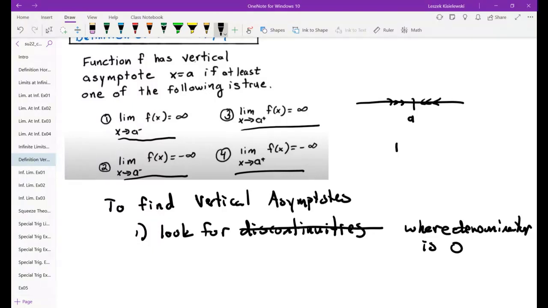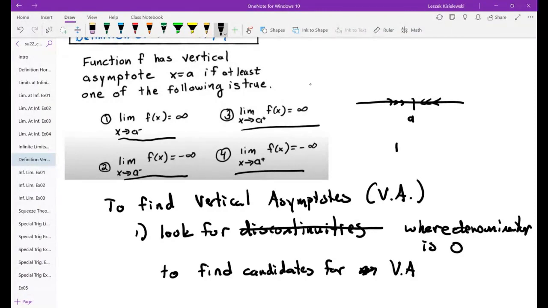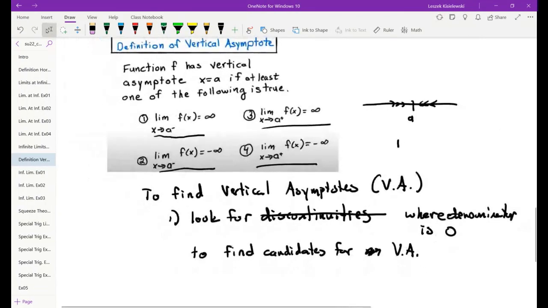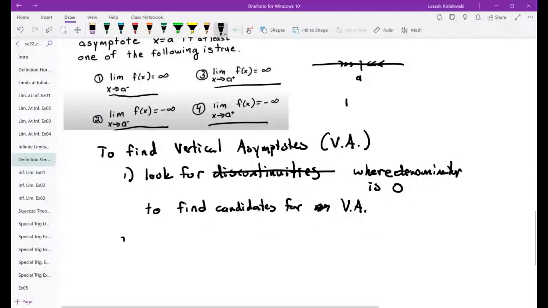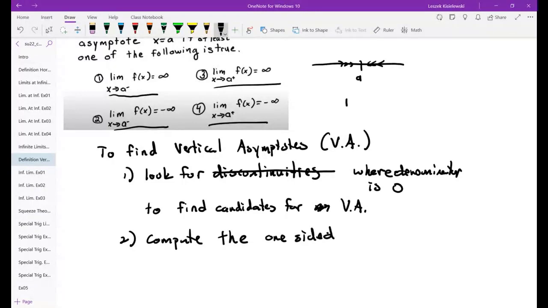Okay, and those give you candidates for where we have vertical asymptotes. I'll just call these VA from now on. And then compute the two one-sided limits to see if at least one of them yields plus or minus infinity.